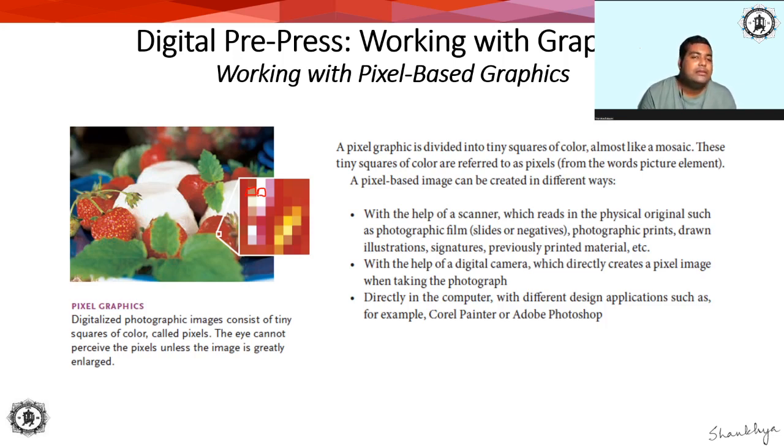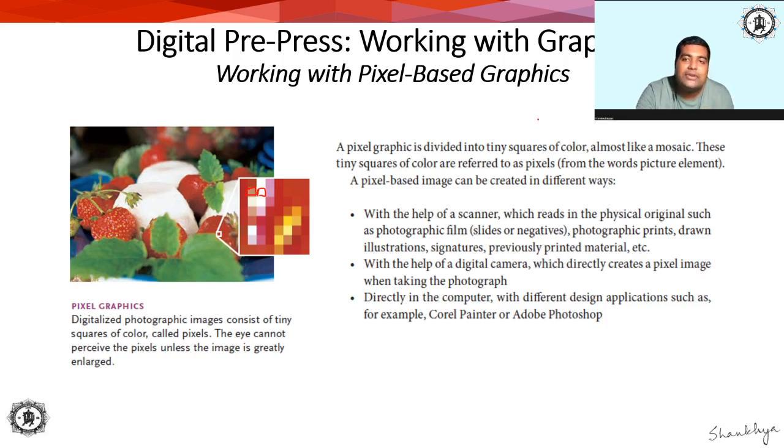One, you can directly scan from a continuous tone photograph. It may be a film scanner or a hard copy reflective type scanner, right? You can click an image with the help of a digital camera, and you can directly use those pixel based images.